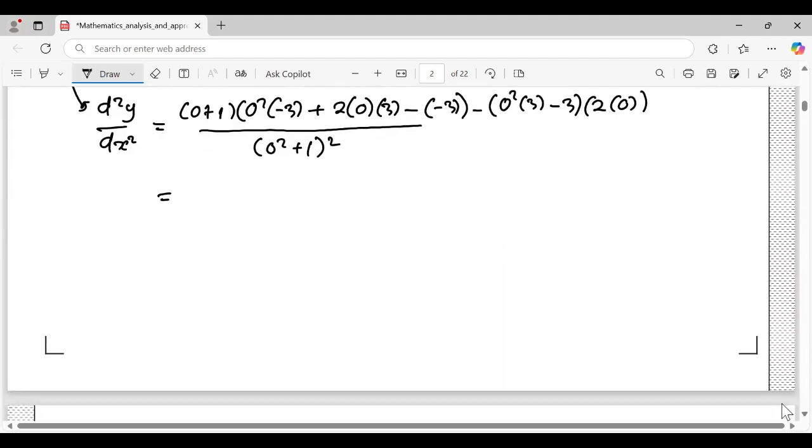And if you calculate, the result will be 3 minus 0 divided by 1. It is 3. That is B. Next.